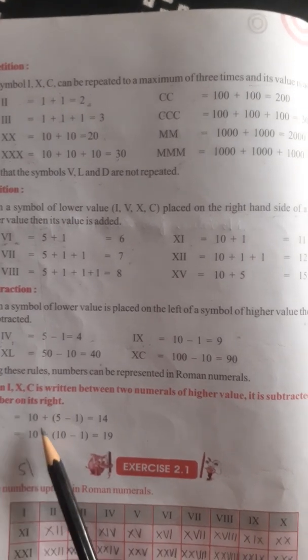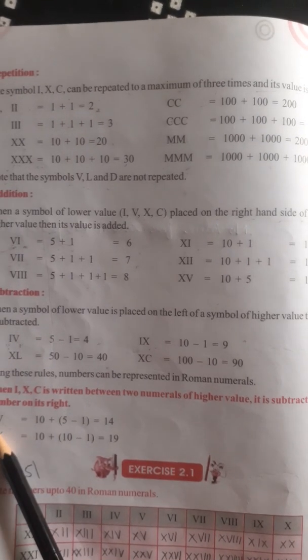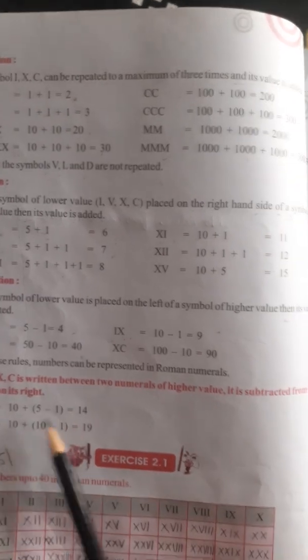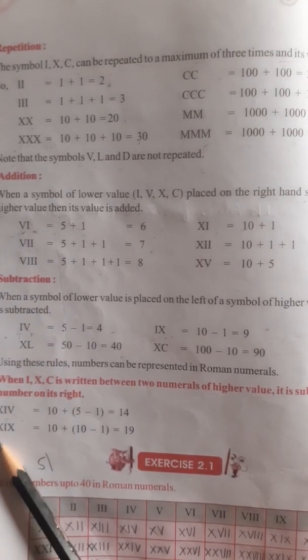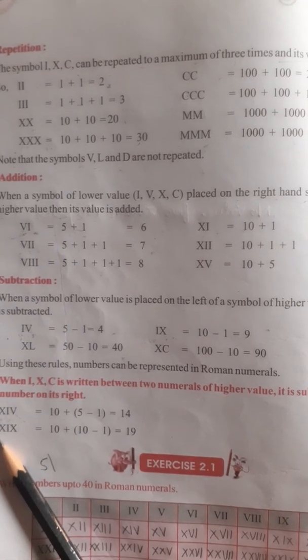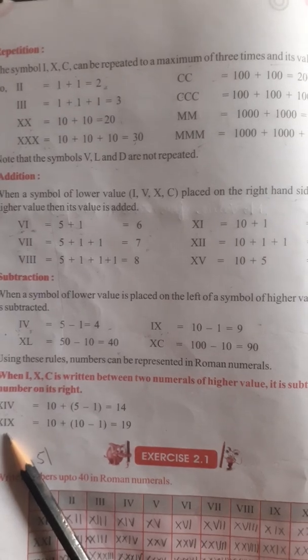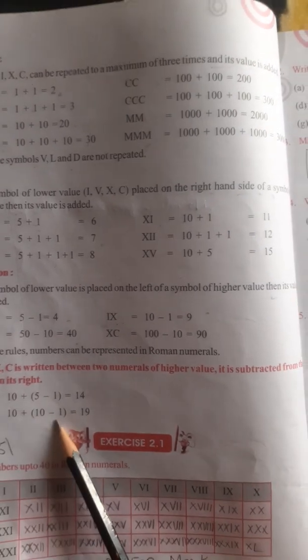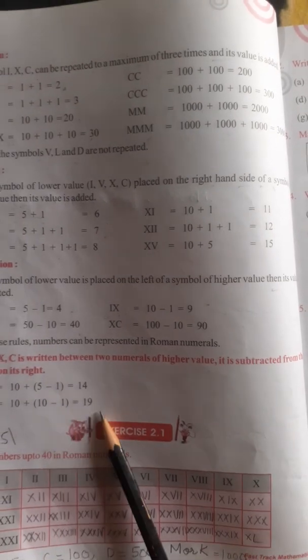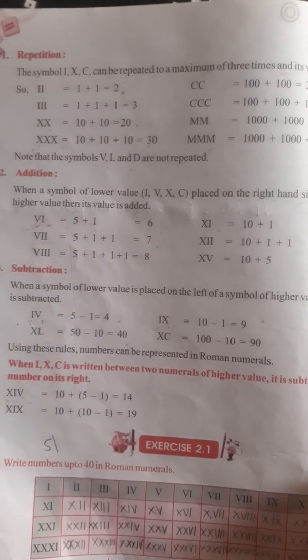So 10 plus 5 minus 1, that is 10 plus (5 minus 1), will give you 14. Then another example: X I X. X means 10, so 10 plus 10 minus 1 will give you 19. So in this video we have learned the rules of Roman numerals.